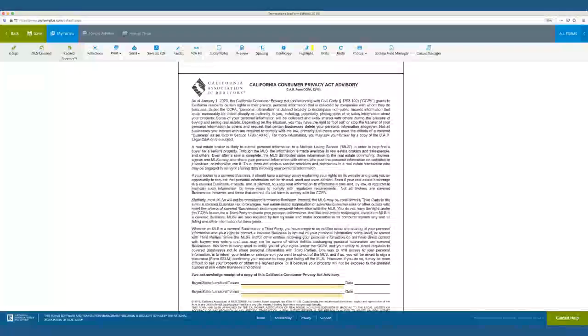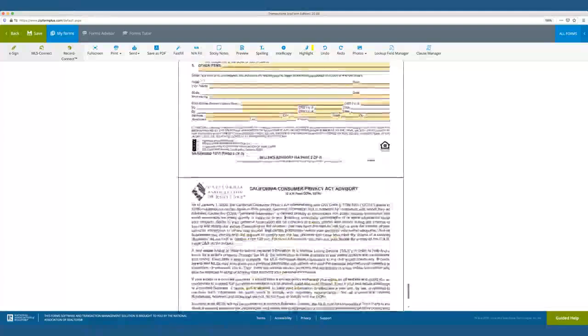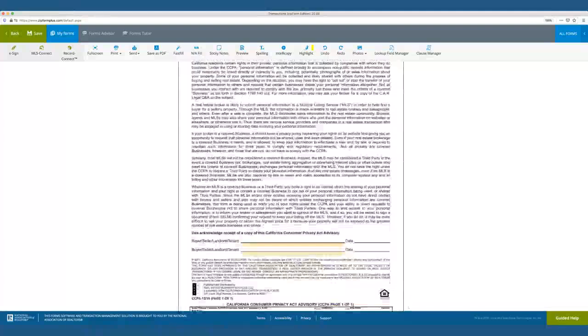Most of our offices aren't really affected by the California Consumer Privacy Act, but this is just a disclosure about the Privacy Act. So it should be given to your client to sign. So that's the whole listing agreement.